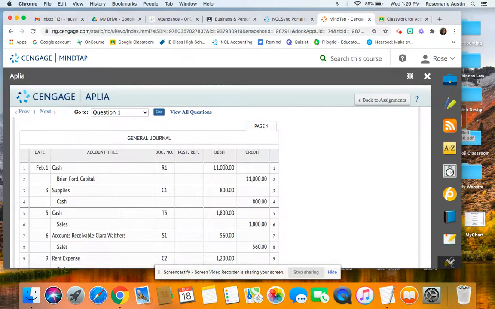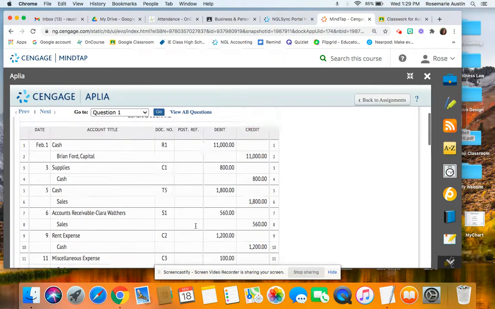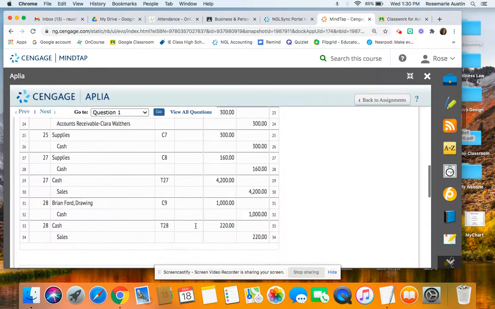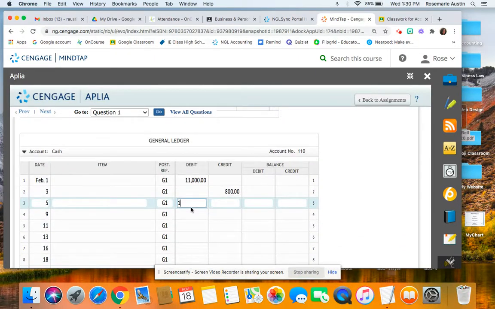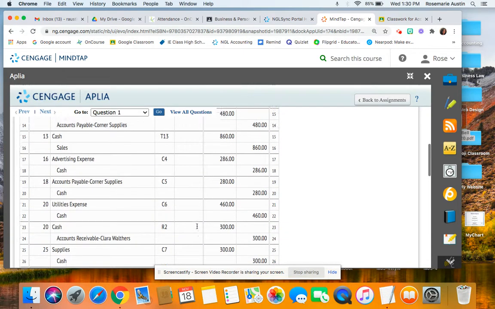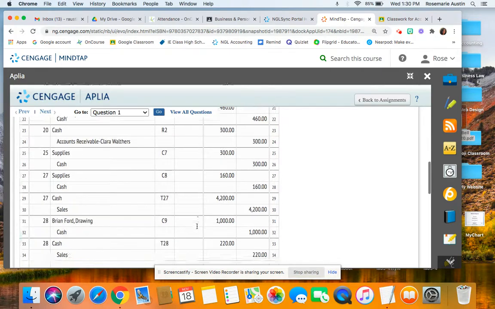We have an $11,000 debit and an 800 credit. On the 5th, we have an 1,800 debit, and on the 9th, a 1,200 credit. On the 11th, we have a $100 credit.